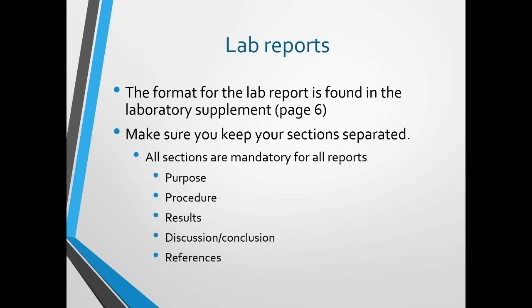And discussion and conclusion can be combined together, and you will be asked some questions that you need to answer in the discussion. Discussion should be written in a paragraph form, not in point form. For references, you need to use a referencing style. You can use whichever you want as long as you keep it consistent.